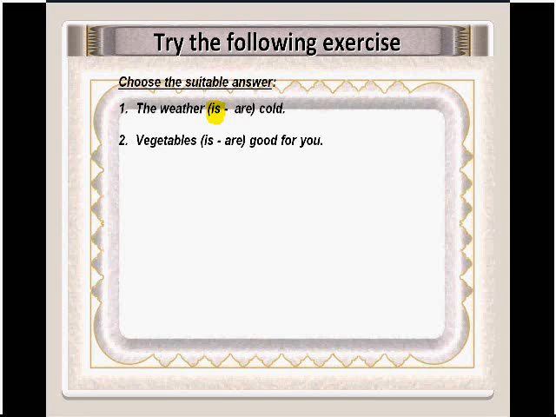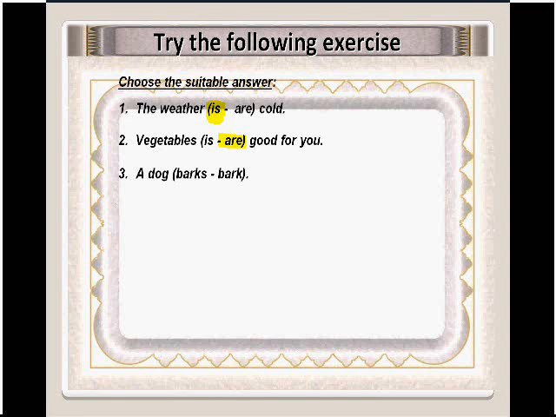Does that make sense to you? Yes, we can't say it, of course. I heard you. So because we have the subject vegetables, which is plural, then it should take a plural verb, which is, of course, are. So vegetables are good for you.